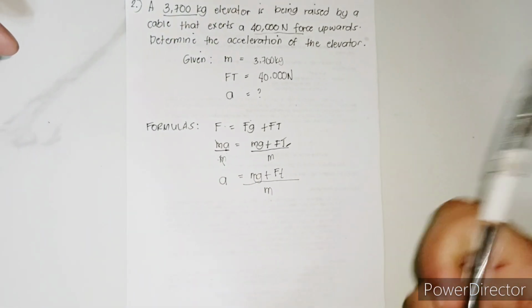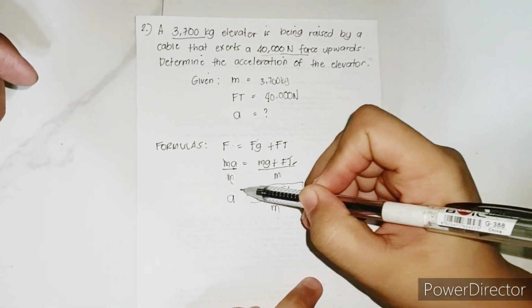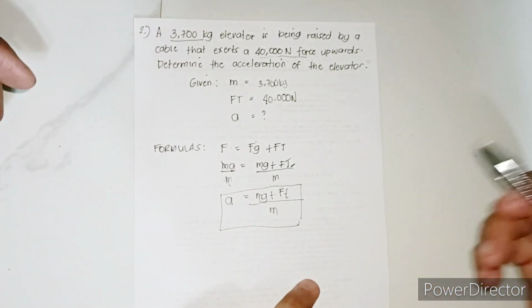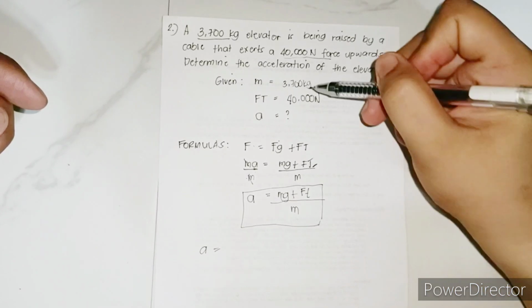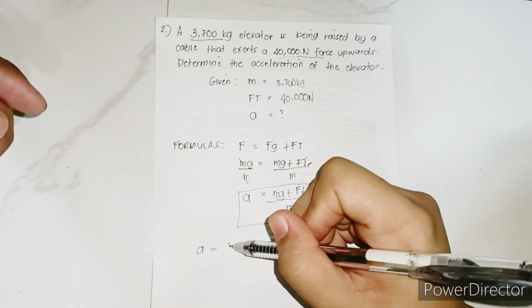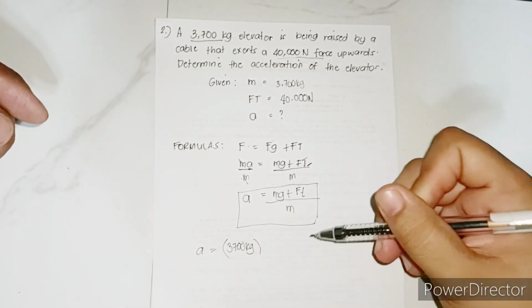Since meron na tayong formula in finding our acceleration, we are now ready to substitute our values. A is equal to, ano ang ating mass based dito sa given? We have 3,700 kilogram. Imumultiply siya kay gravity.